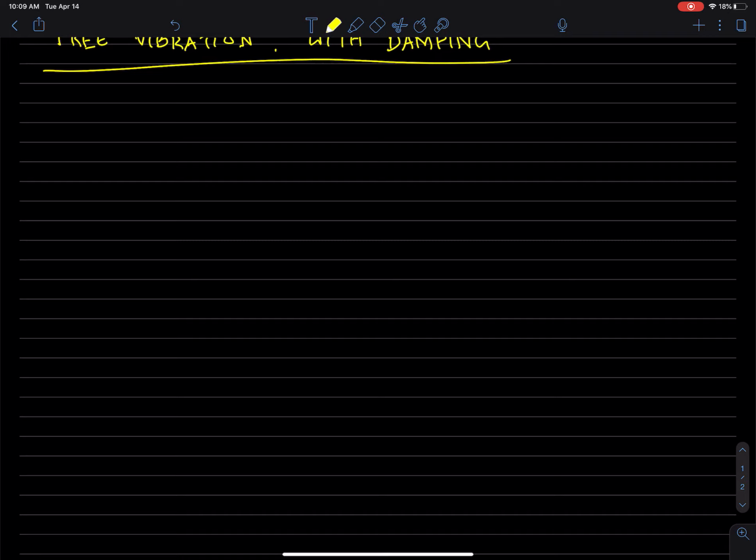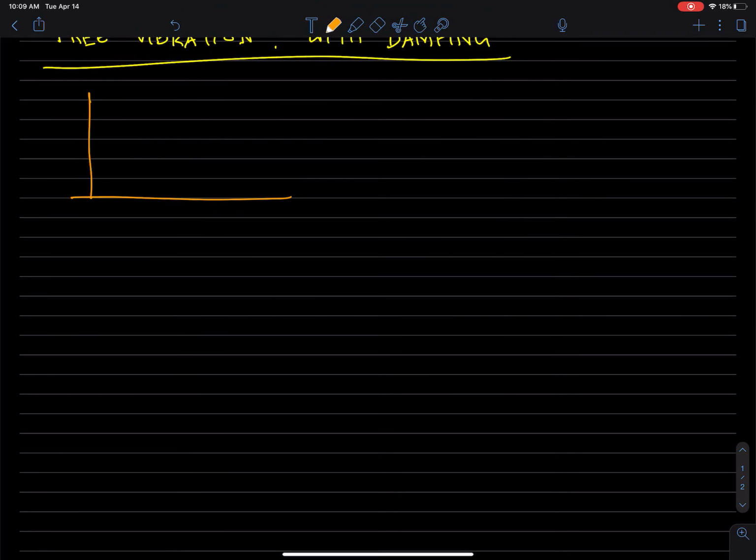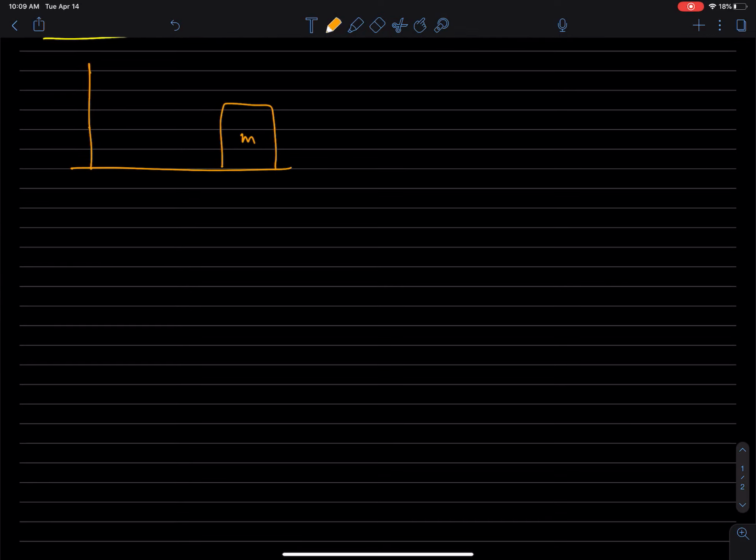Okay, so just to set up the problem, we have a mass sitting in a plane connected to a spring with stiffness k and connected to a damper which produces a force, essentially a drag force, that opposes the velocity of the mass in some sense. Okay, so that's the situation here.